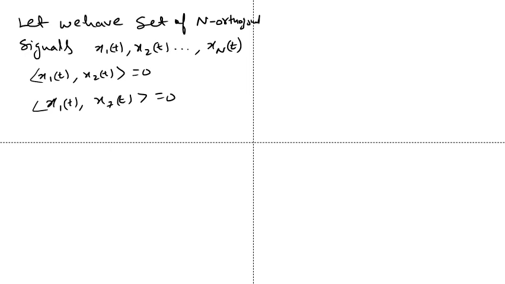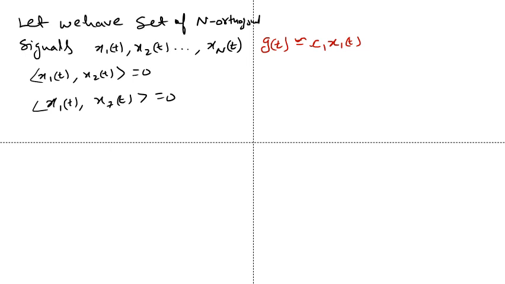Now let's say you are representing a signal g(t) in terms of these orthogonal signals. So let me put an approximation sign. It is c1 x1(t) plus c2 x2(t) up to cn xn(t). I'm just applying the analogy, because in the previous slide you have seen that a two-dimensional vector was represented using two orthogonal vectors.